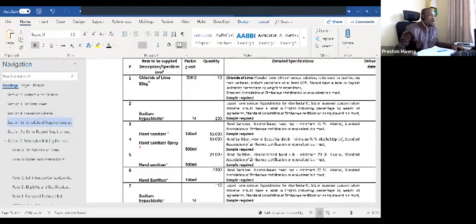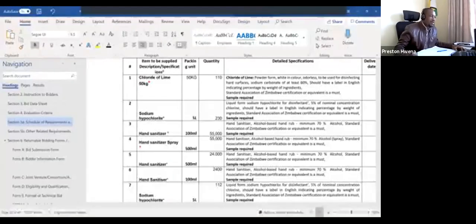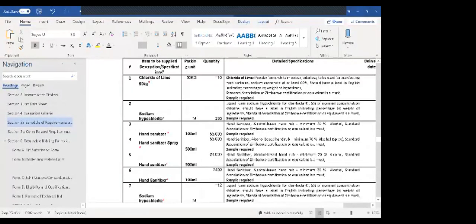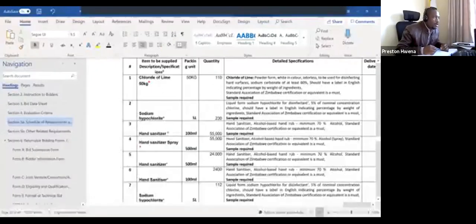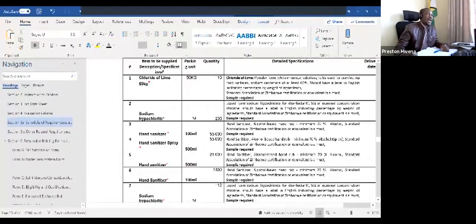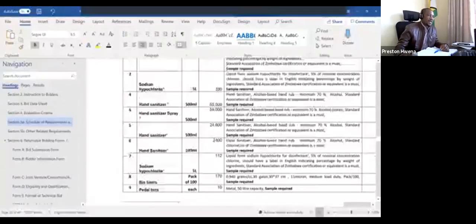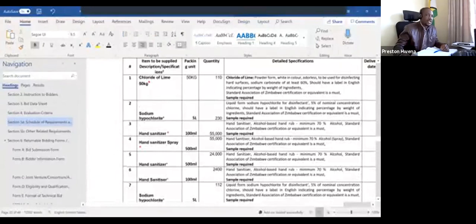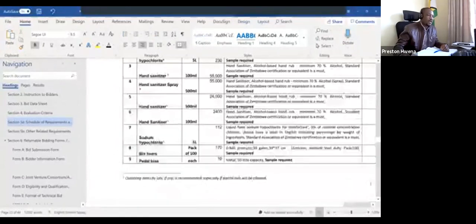It's because they are all 500 mils. So I combined them. Then these are 100 mils, but the lines are separated on your e-tendering platform. But here on your price schedule, you can put them as separate items, because I've already indicated them here.